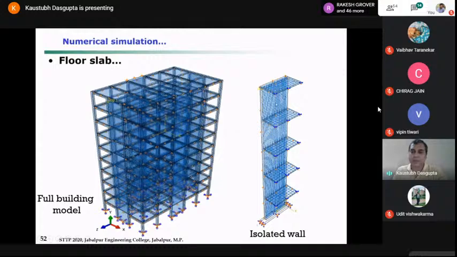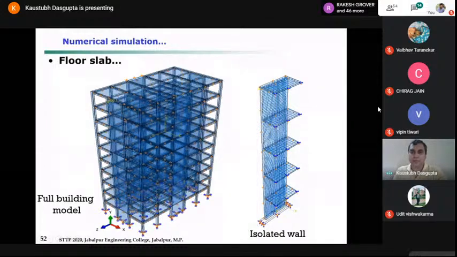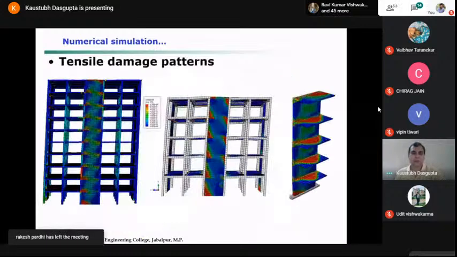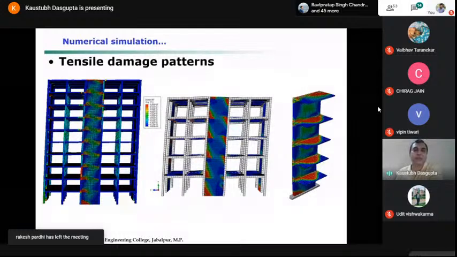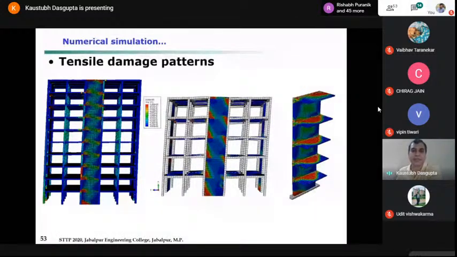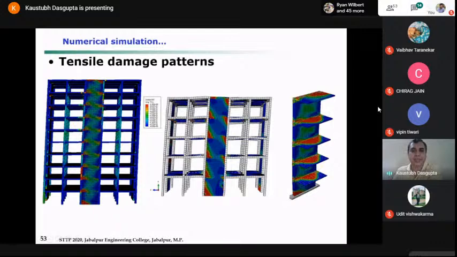So these were the portions of the floor slab with mesh reinforcement. Well, the analysis carried out was nonlinear static analysis. We are not showing the dynamic analysis results here. What I want you to see here is that there were two types of full building models. One was having a lesser number of stories, one was having more stories.